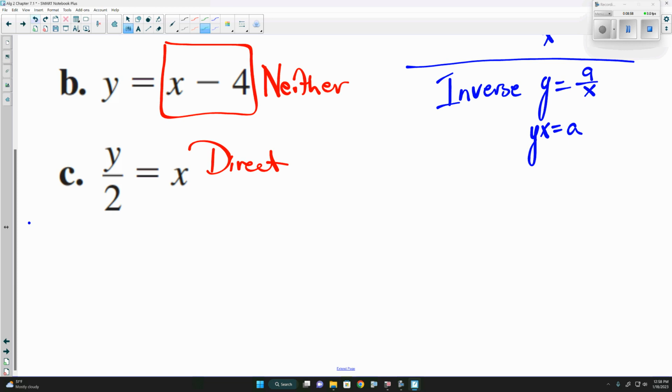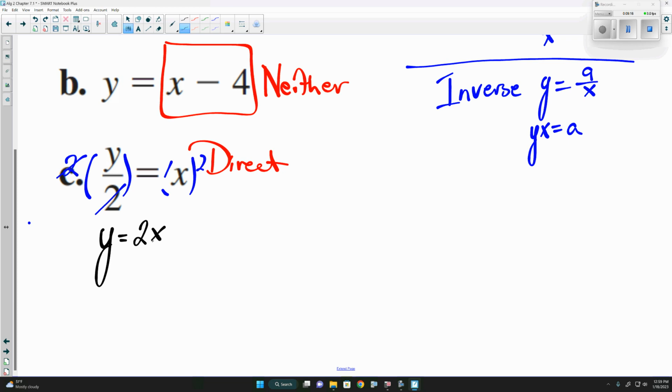If we didn't want to look at it that way, y over 2, if I multiplied this by 2, the 2 that we multiply with and the 2 in the bottom will cancel each other out, leaving us with y is equal to 2x.